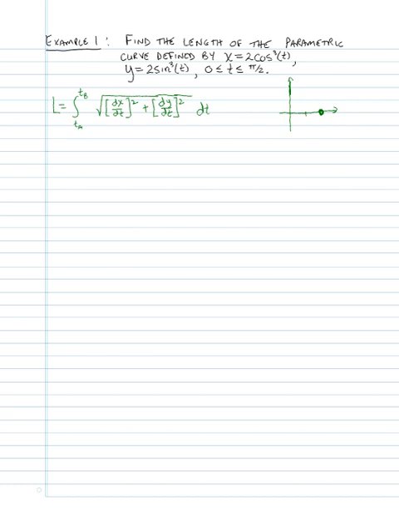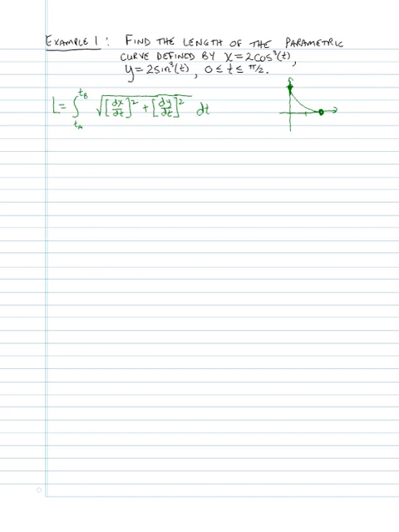When t is pi over 2, the cosine of pi over 2 is 0. When we cube that, we get 0, so x is 2 times 0, or x is 0. In a very similar way, we'd find y is 2. And so we're at this point. Then the curve looks something like this. So we're finding the length of that curve.